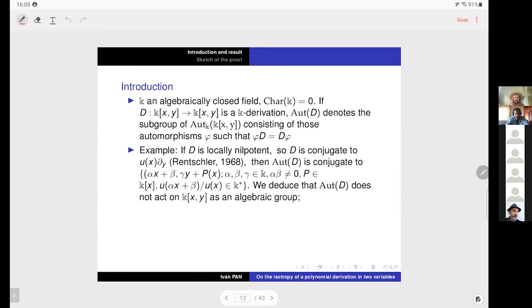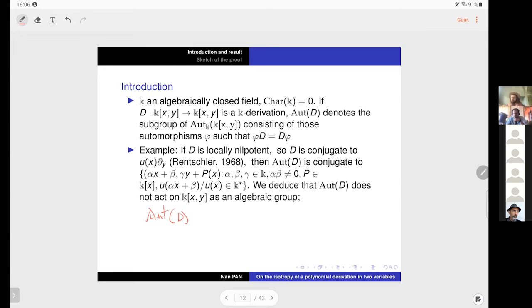We deduce, for this example, that the isotropy is not an algebraic group. An algebraic group is an algebraic variety.